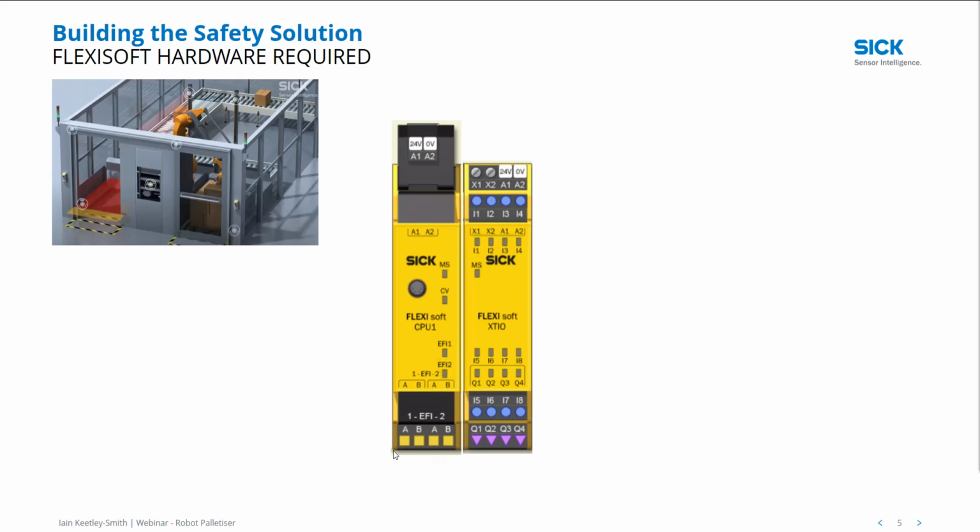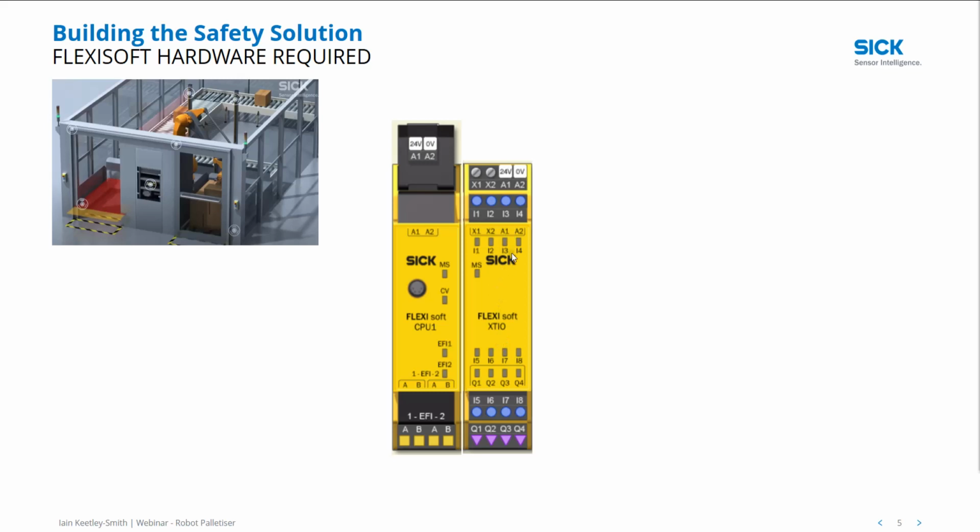We will attach 2 laser scanners, the one on the left hand side and the one on the right hand side, wired into these EFI ports. The advantage, from a wiring point of view, is that it's just a twisted pair wire going down to one laser scanner and power, and the second scanner again just a twisted pair wire. So that covers the CPU.